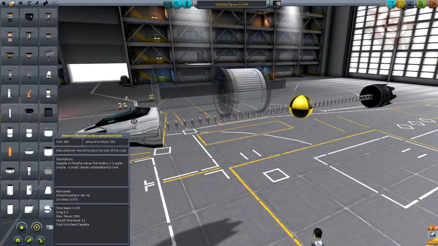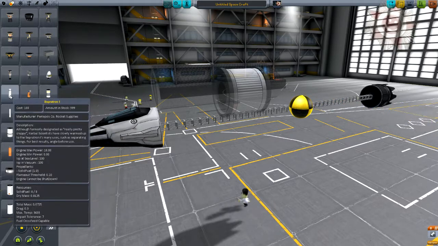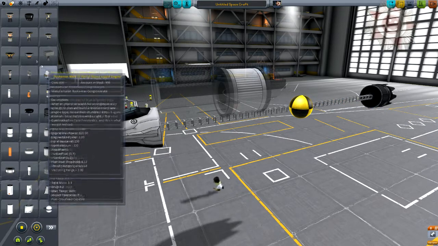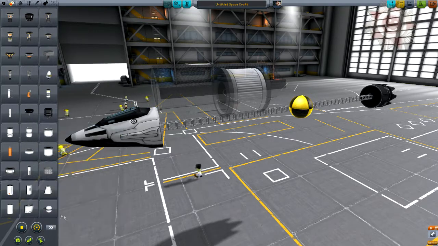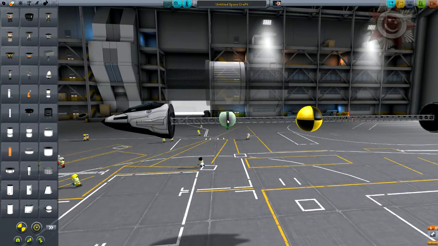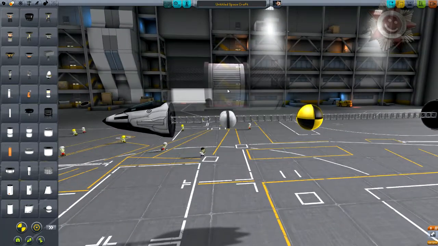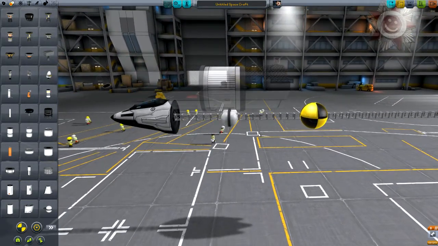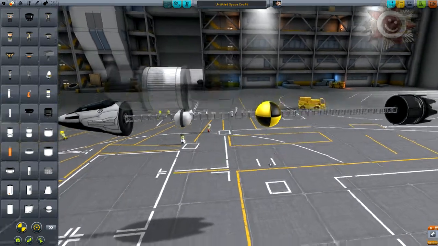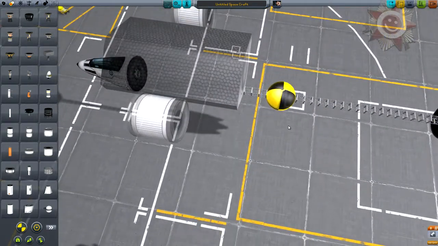Now we need something that's close to that weight. Trying to find something. Well, we can use two of these. It's not exactly, but it's close enough, I think. I'm placing these here in the middle, so we can guesstimate where the center of mass will be when these are empty, and it's right there.